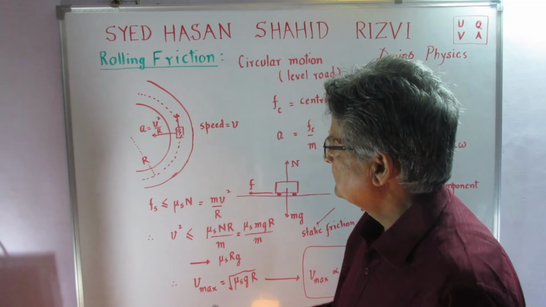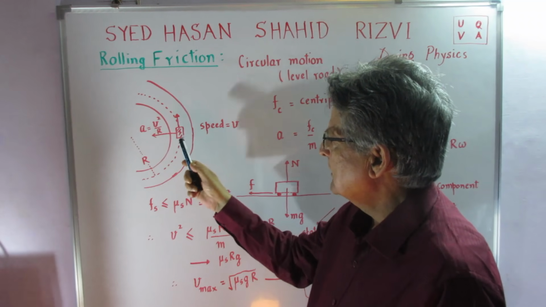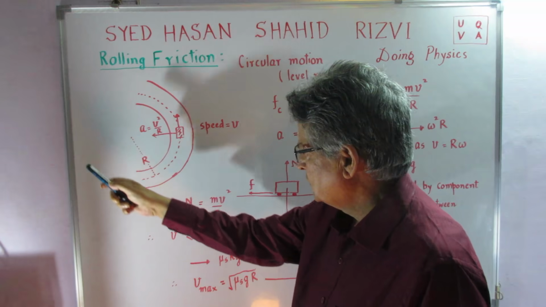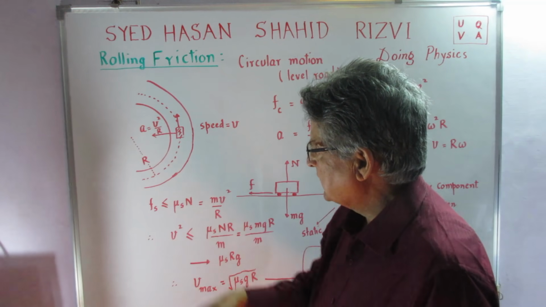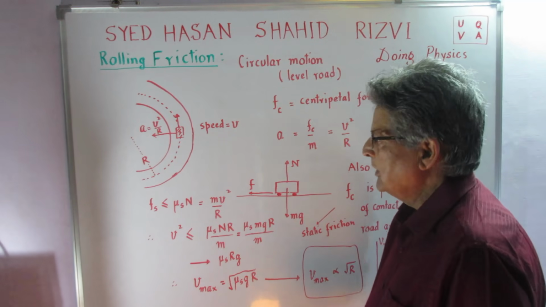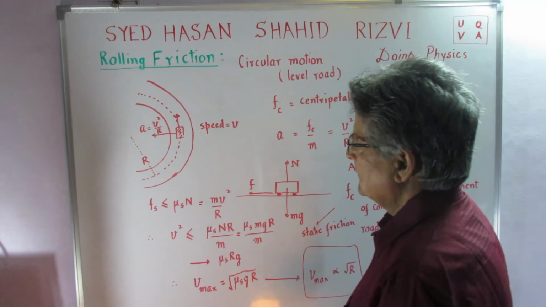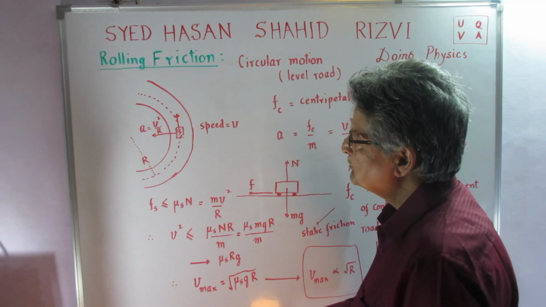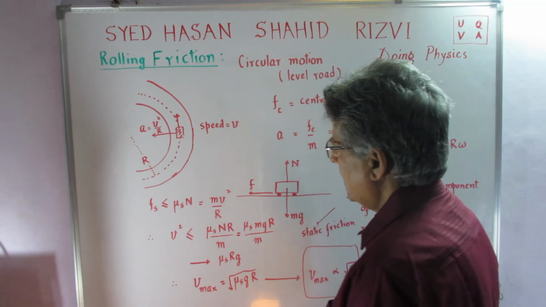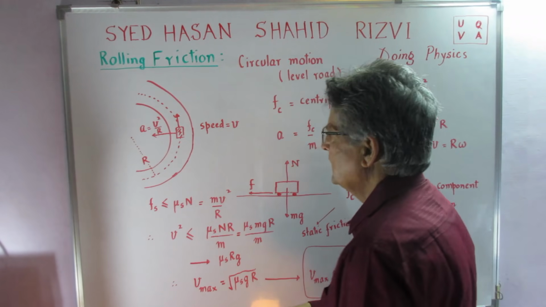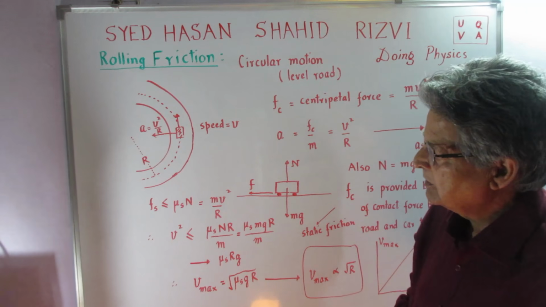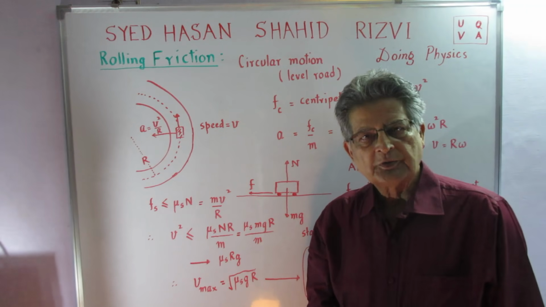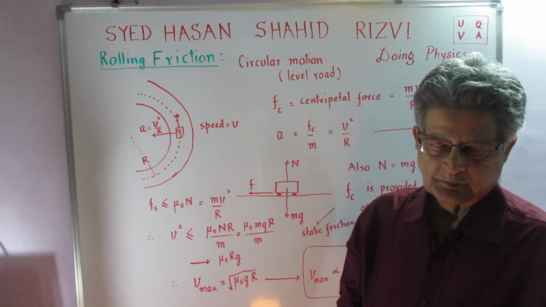We can see that the car here is moving in this situation in the anti-clockwise direction, with constant speed v. But the speed is constant, while the direction of the velocity vector is changing.